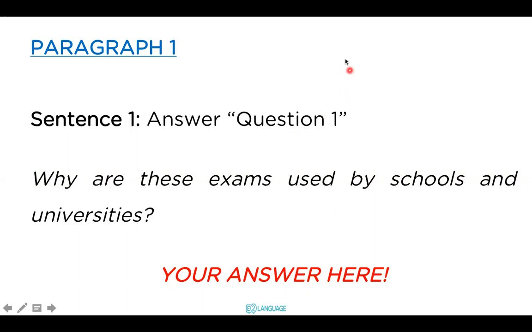So use the same idea as your introduction. Why are formal assessments or formal exams used by schools and universities? One sentence, answer this question.